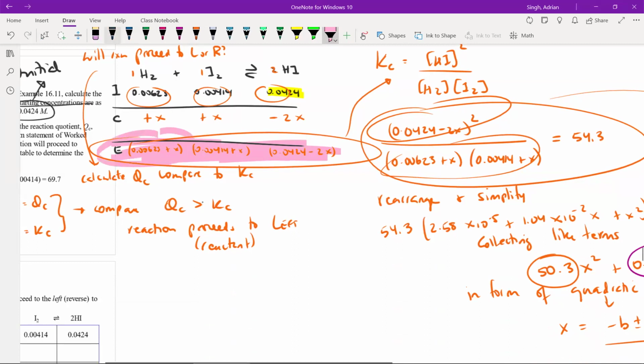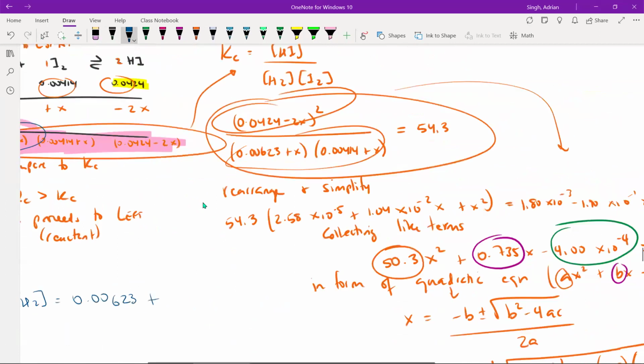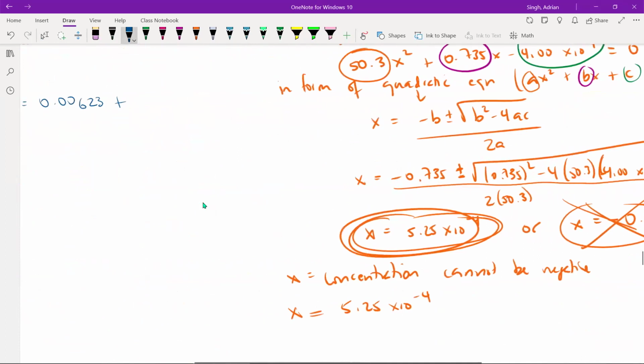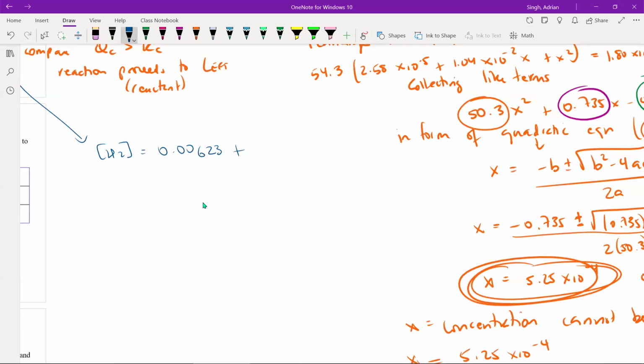So for H2, the H2 concentration will now be equal to 0.00623 plus x, and x here is equal to 5.25 times 10 to the minus 4. Okay, and that is going to give 0.00676.